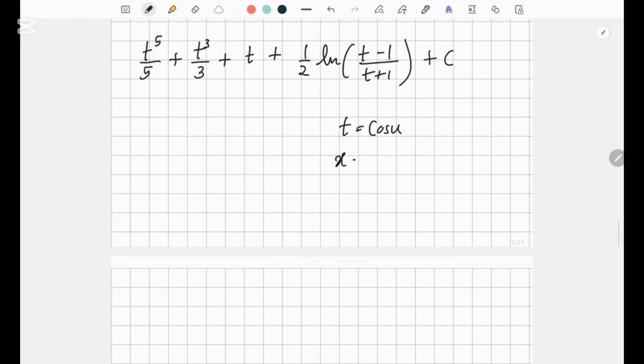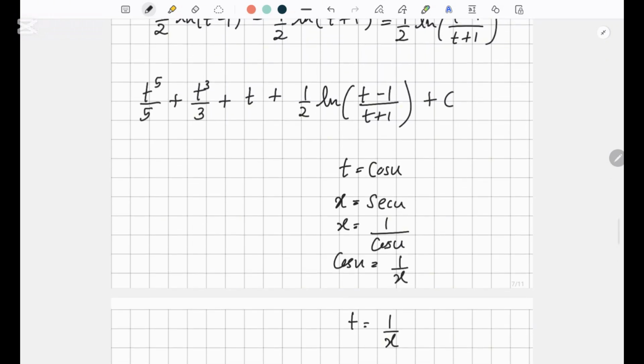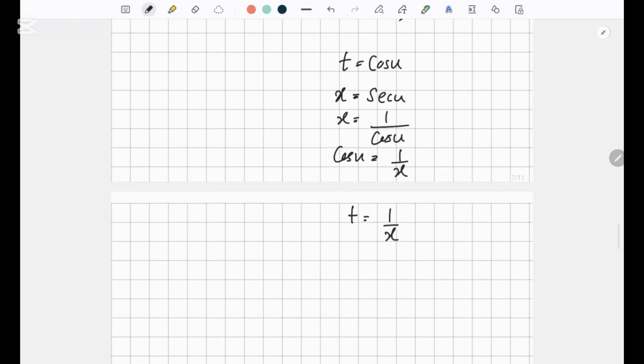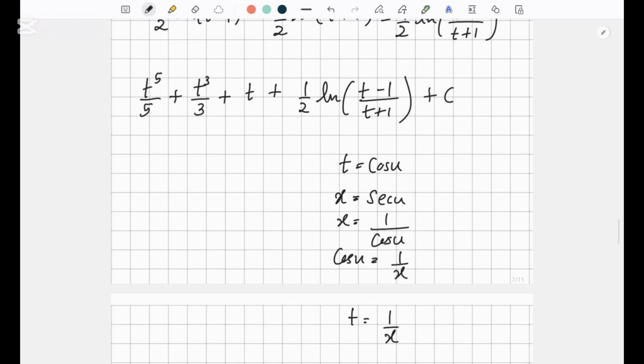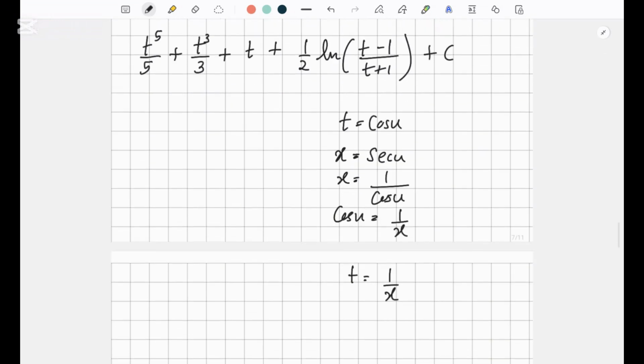So x equals sec u, meaning x equals 1 over cos u, right? So you write cos u equals 1 over x. So t equals 1 over x. Okay, so you go into your answer back again. So instead of t, we are going to write 1 over x.